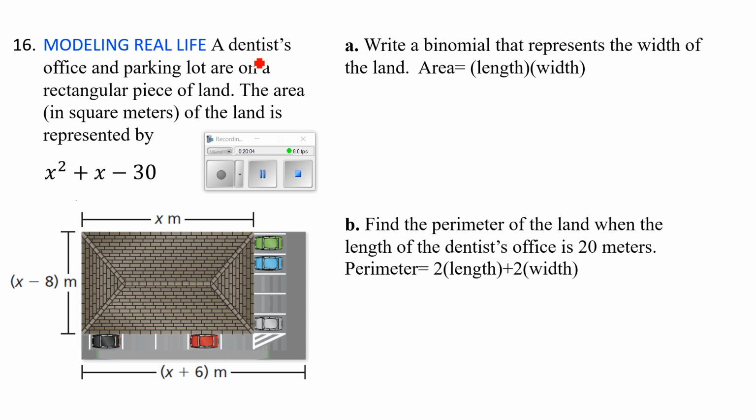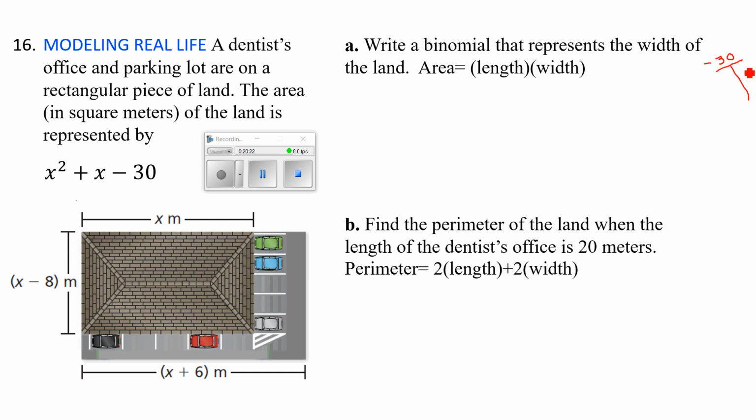Please remember we're taking 1 times negative 30, so we're looking for factors of negative 30. Negative 30 has to be a negative and a positive number multiplied together, and to get a positive x, the bigger number has to be positive.